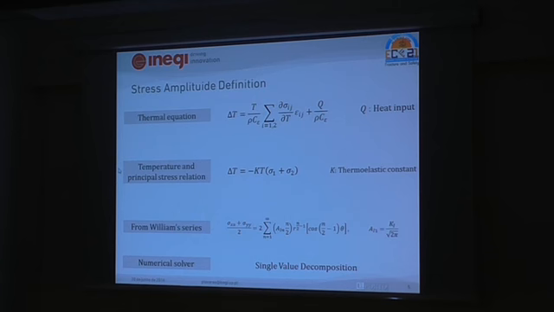And we're not using the traditional iterative method because Williams equations are actually linear in the stress intensity factor, so it's basically a linear problem which we solve with a robust singular value decomposition, actually more effectively than you would with any iterative method.